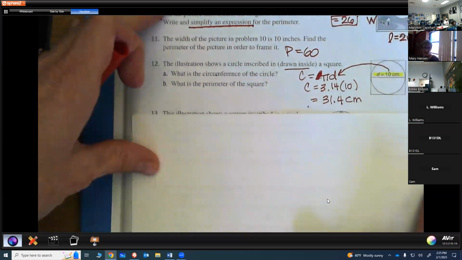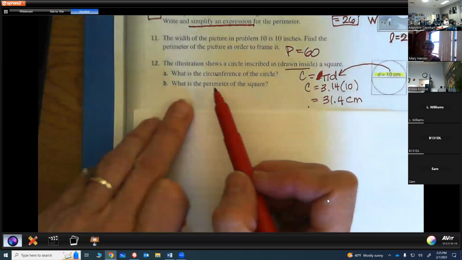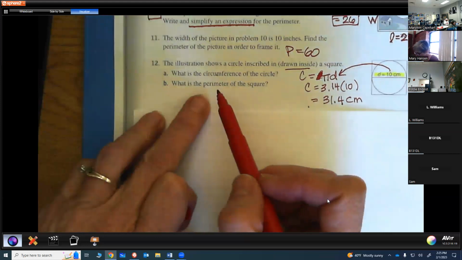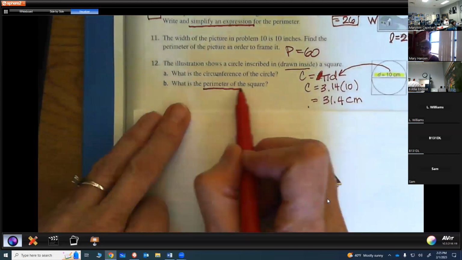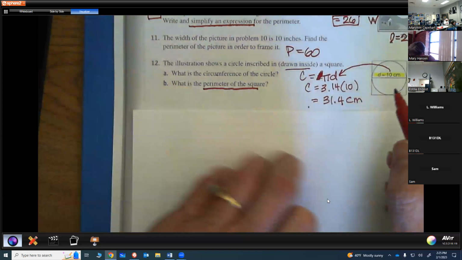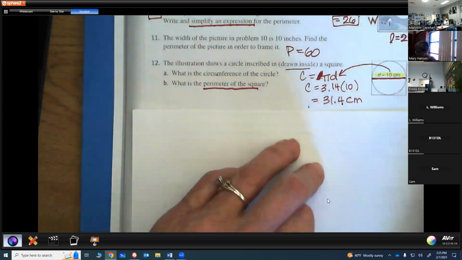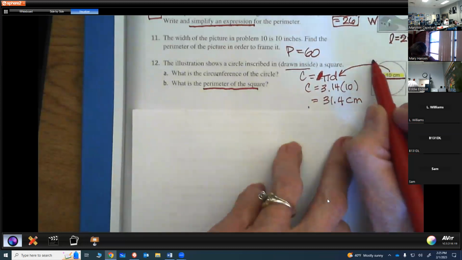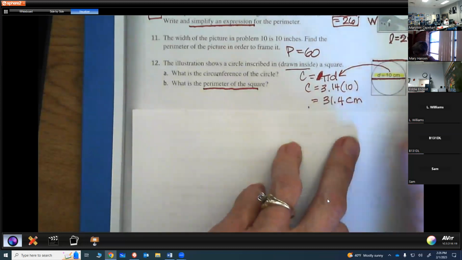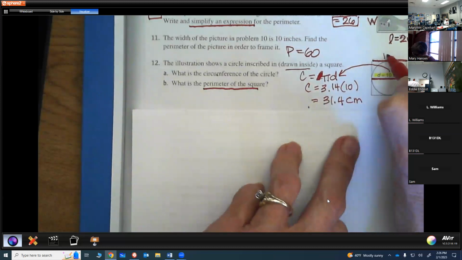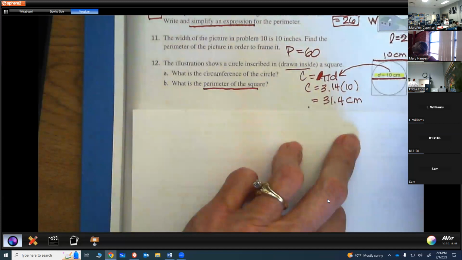Okay, and now I understand where you're getting 40 from, because the second question is, what's the perimeter of the square? Well, if you look at this diameter, that's 10, it's the same length as this side of the square. And so that means the side of the square is 10. And if it's a square, that means all of the sides are 10.